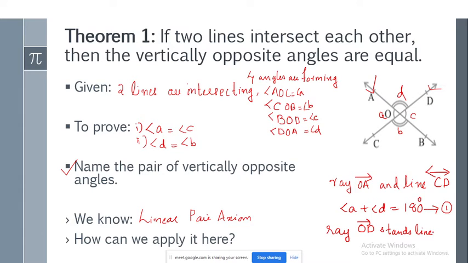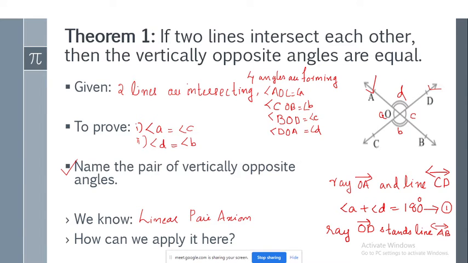AB, right? Ma'am, AB. Yes, line AB. So, what can you say now? Apply the axiom and tell me. Angle DOC plus angle DOB is equal to 180 degrees, ma'am. You can state it in our renamed angles, we have renamed the angles for easier purpose. Angle D plus angle C is equal to 180 degrees, ma'am.